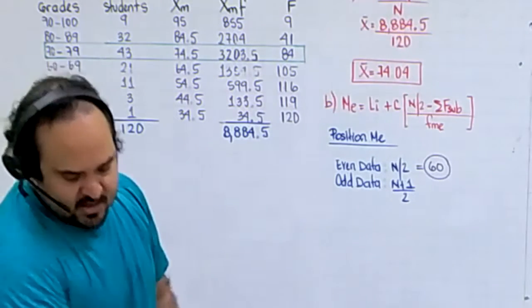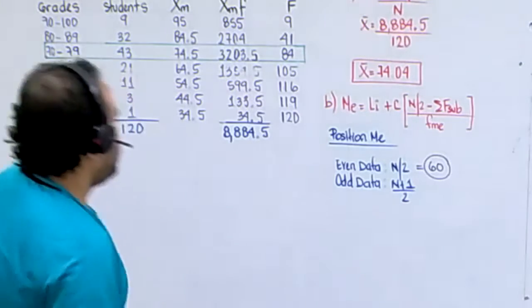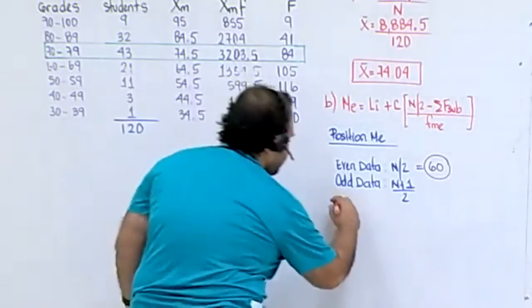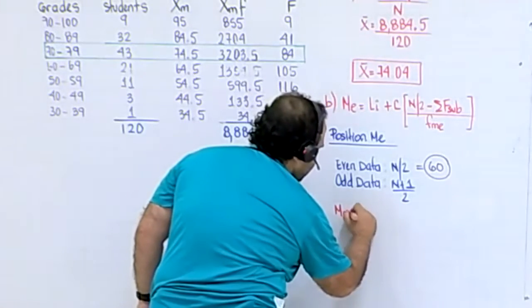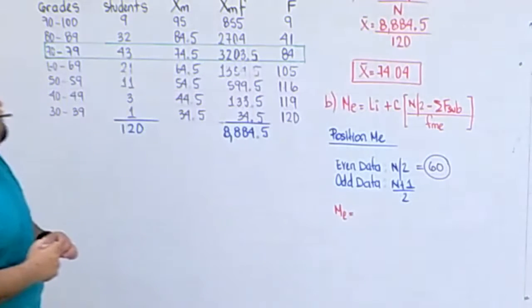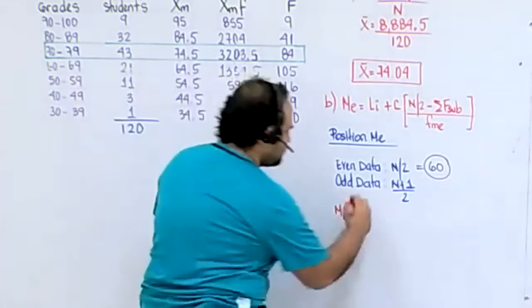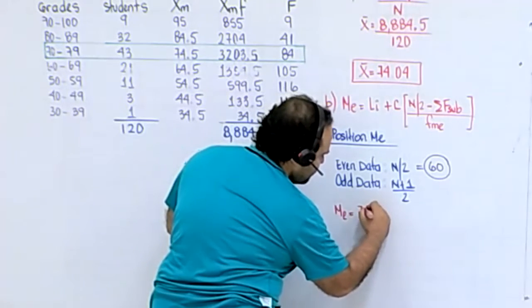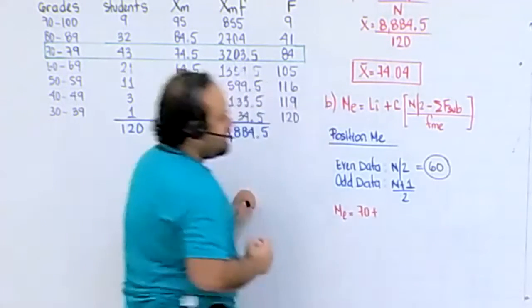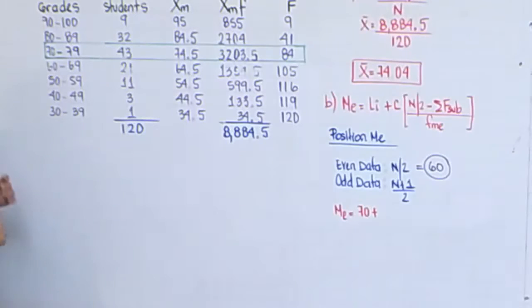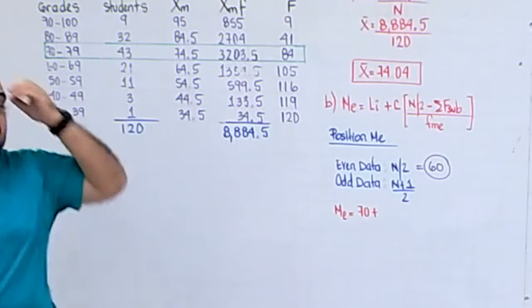The lower limit, as you can see, because we have 70 to 79, I'm going to take the number 70, the number 70, plus the width of the class or amplitude, if you want to say that.